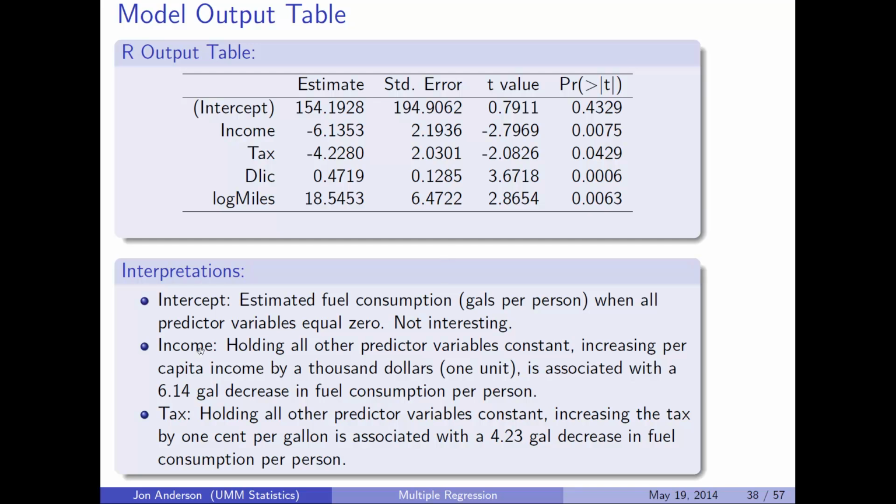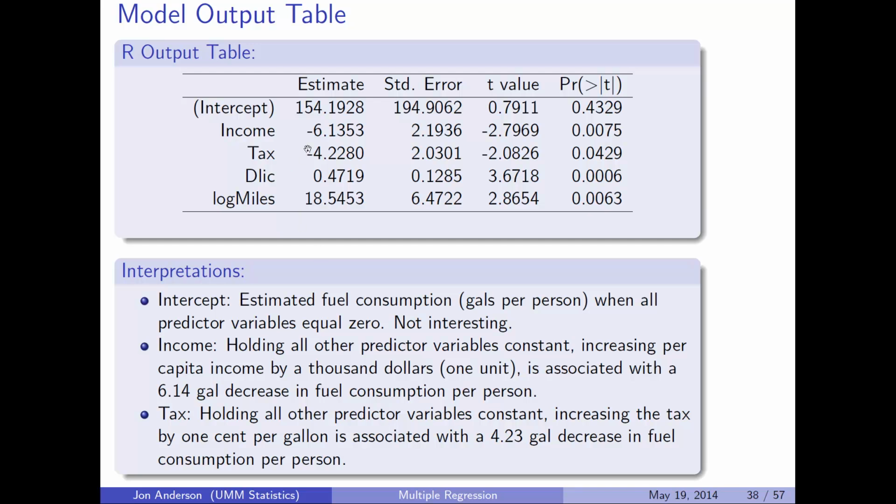So for example, holding all the other predictors constant, what does negative 6.135 for income mean? Well, it means that if we increase per capita income by 1 unit, which is $1,000, that is associated with a 6.14 gallon decrease in fuel consumption per person.